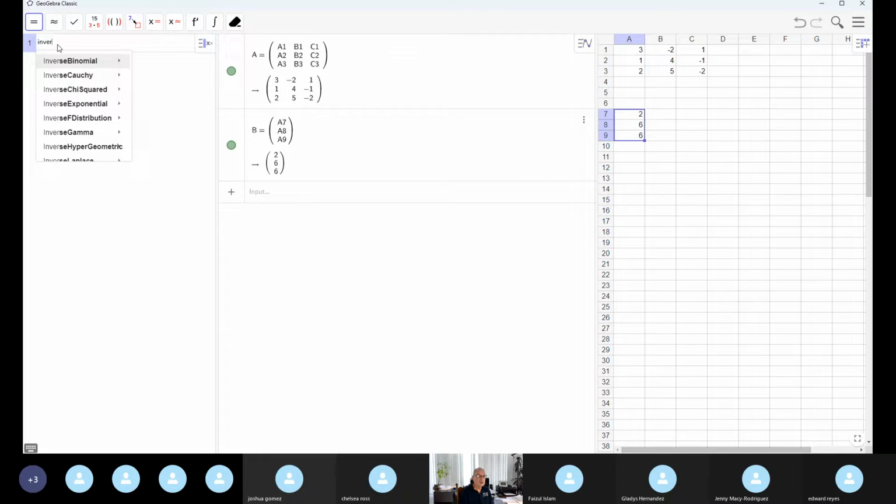I suppose it's Invert. Yeah, it's not Inverse, it's Invert. And you click here, invert what? Invert matrix. What matrix? The matrix A. You press enter. Bam! And you get the fractions.